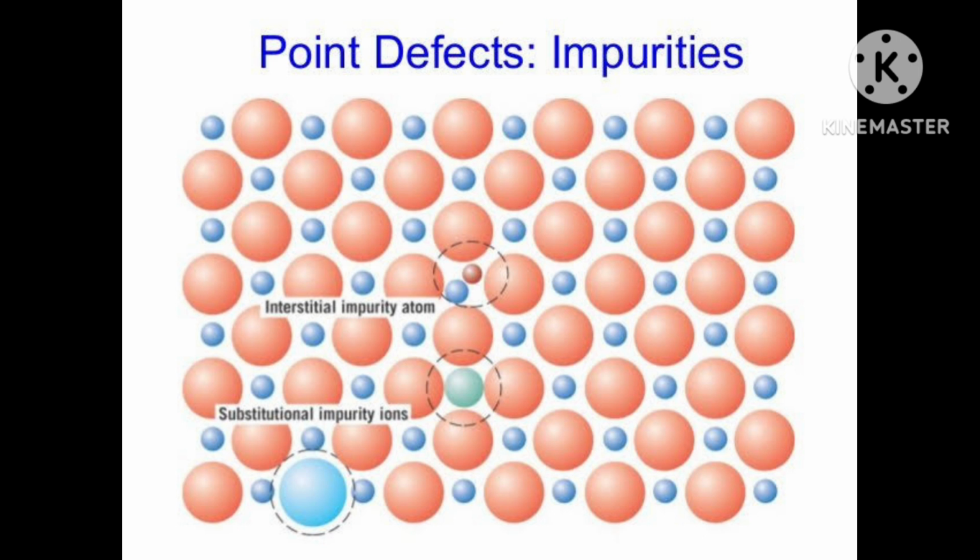And one more thing I want to tell you here: excess of potassium makes KCl. Potassium chloride you are heating in the atmosphere of potassium, then it will look violet.